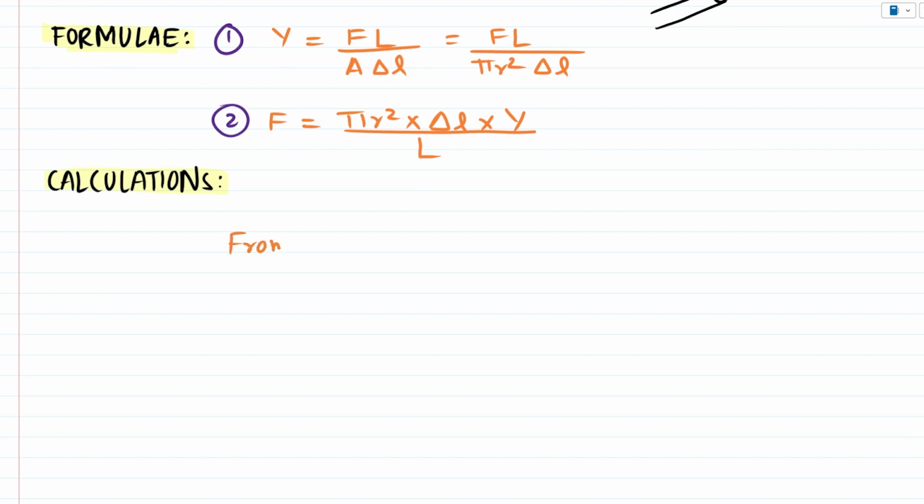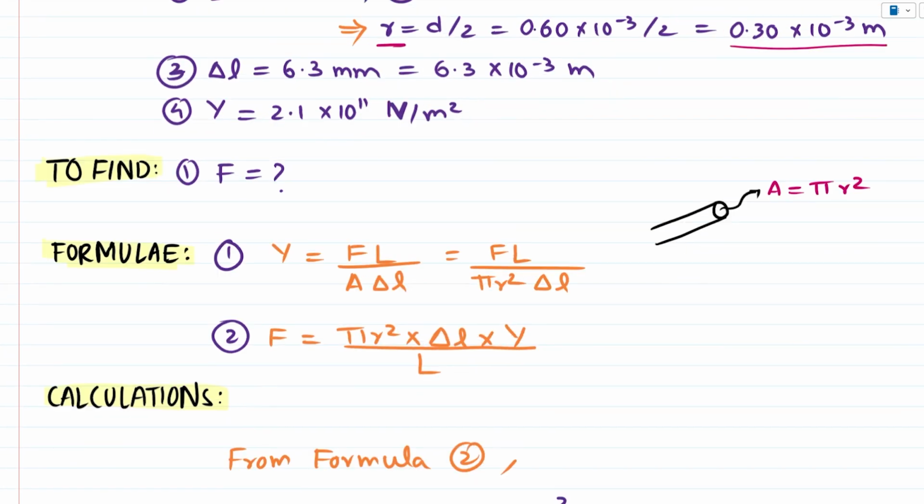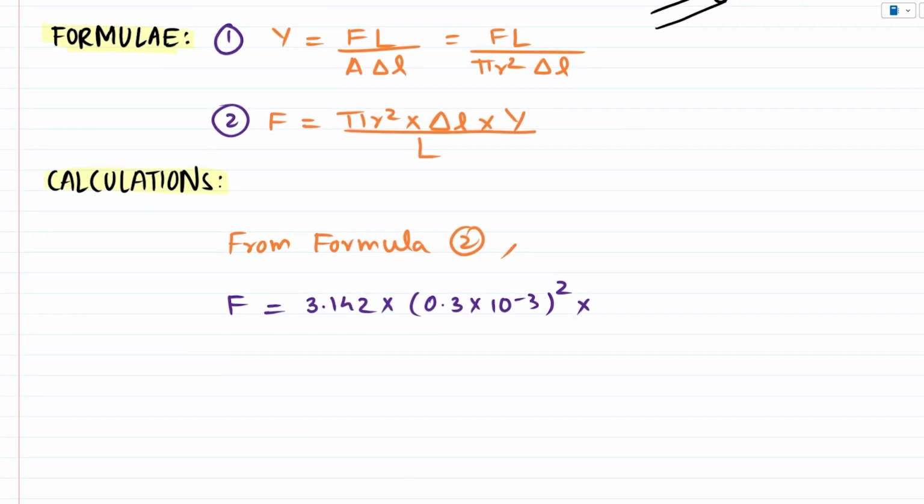So in calculation, the first statement we write from formula 2, because that's the formula to calculate the force. I can say force experienced by the wire F must be pi value, that is 3.142, into the radius, that is the radius value was 0.3 into 10 raised to minus 3 as we calculated, whole square, into delta L value, which is 6.3 into 10 raised to minus 3 as well.